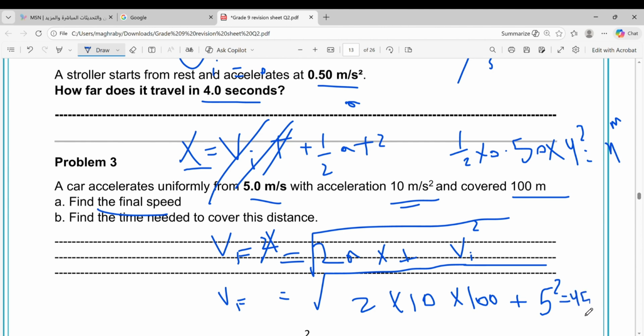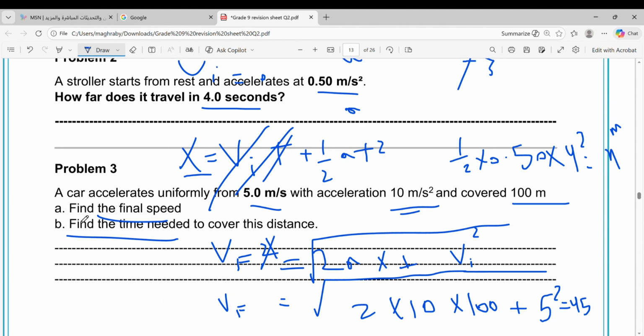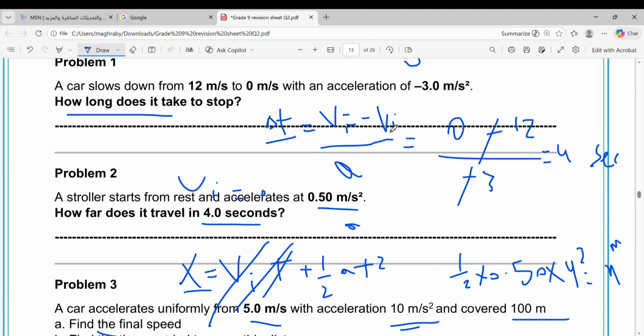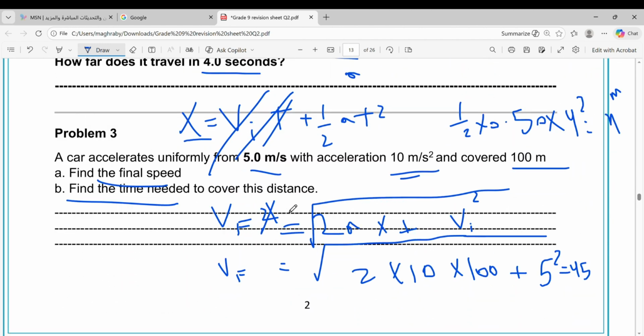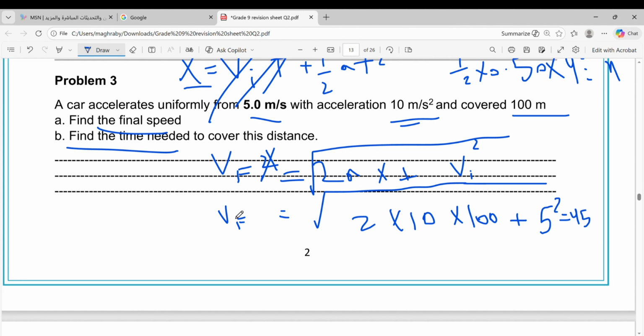Then find the time needed to cover this distance. He's asking about the time. As we said here, time is equal to v final minus v initial over a. We got the v final and we have the v initial. So v final 45 minus v initial, which is 5, over a, which is 10.